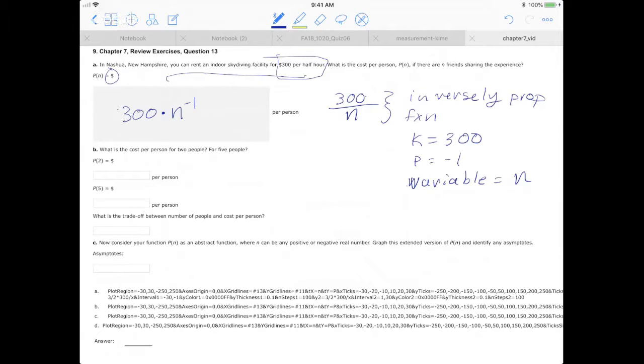There we go. So if I was doing this with 2 people, what would I get there? 150. If I was doing it with 5 people, well, let's see, 300 over 5.